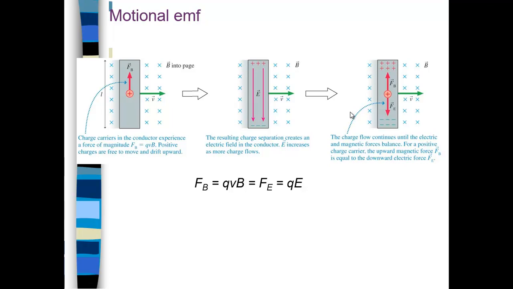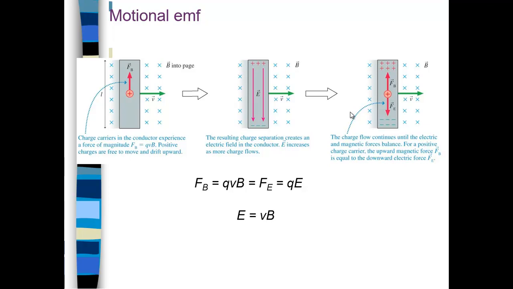So the force of the magnetic field is going to be equal to the charge times the velocity times the magnetic field. That will equal the force due to the electric field, which is equal to the charge times the electric field.